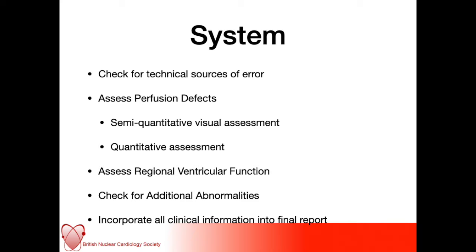Given that the scan is diagnostic quality, then you want to attempt to assess for any perfusion defects. That can be done on a visual basis and also on a semi-quantitative basis. There will be ECG gating of the study, and therefore you can assess LV function and regional wall motion abnormalities.